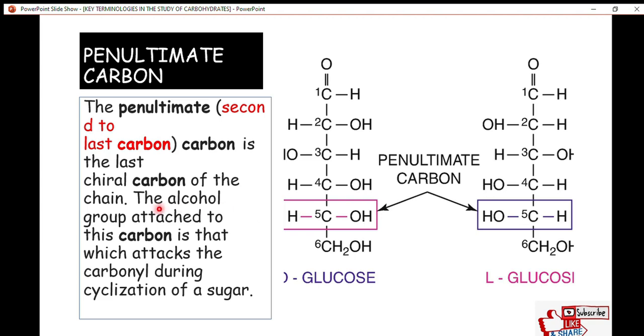The alcohol group attached to this carbon is the one that attacks the carbonyl group during cyclization of the sugar. As I said earlier, this cyclization reaction leads to the formation of a Haworth projection. To convert a Fischer projection to a Haworth projection, there has to be a cyclization reaction between the OH group at the penultimate carbon and the aldehyde functional group.